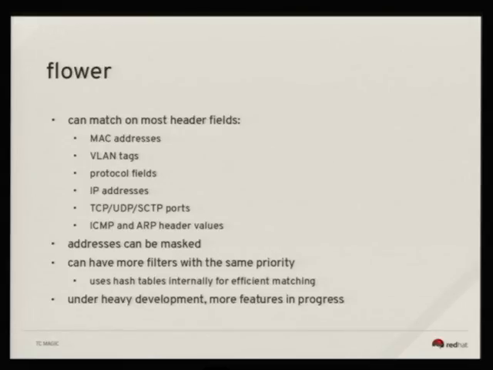So we add all those filters with the same priority. Flower will put them into a hash table, and the IP address will be matched only once. If we add filters at different priorities, then those filters will be tried in order, and the more IP addresses you have, the more time it would take to process the filters.